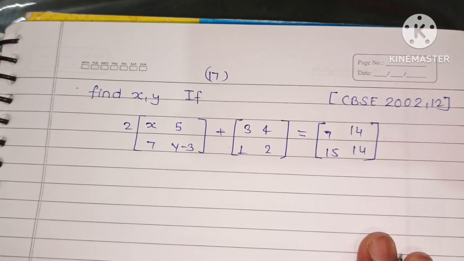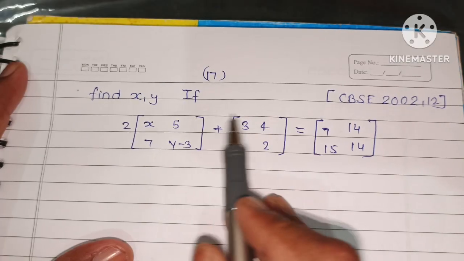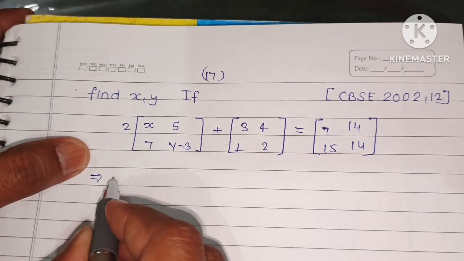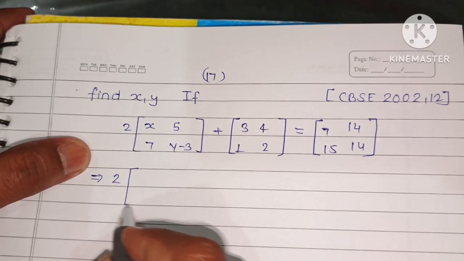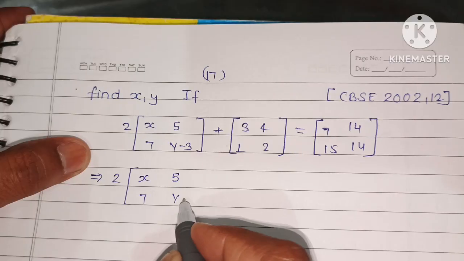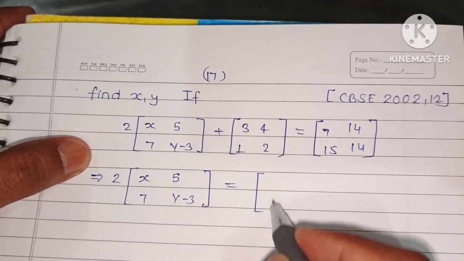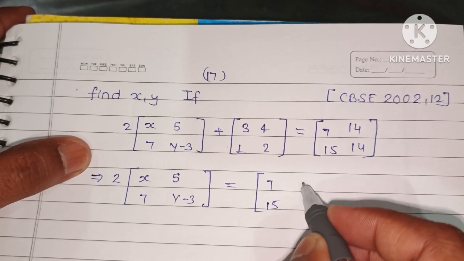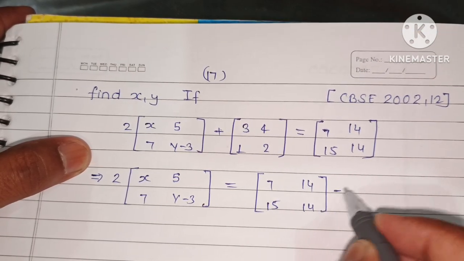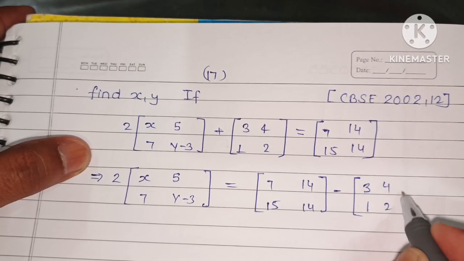Now solve this. We will transfer this here, so we can write this: 2 x 7 5 y minus 3, and that is 7 15 14 14, that is minus 3 1 4 2.